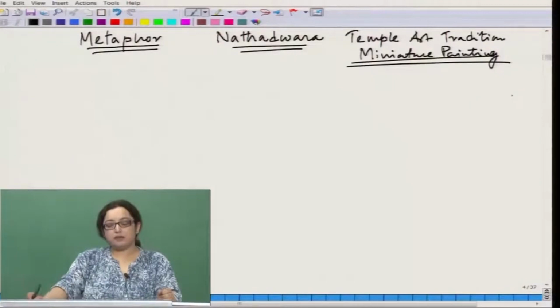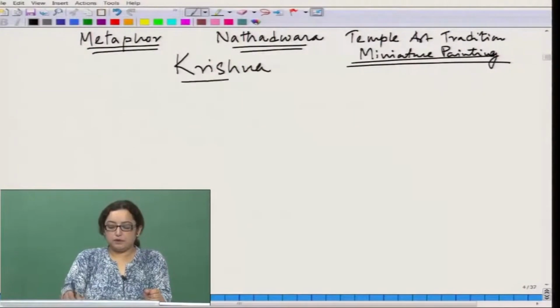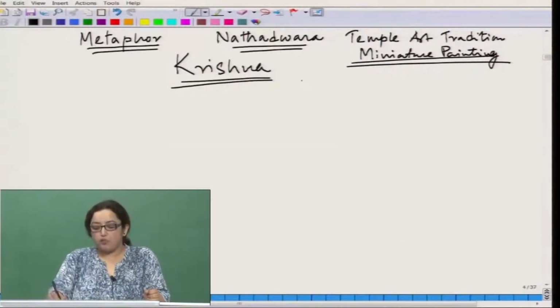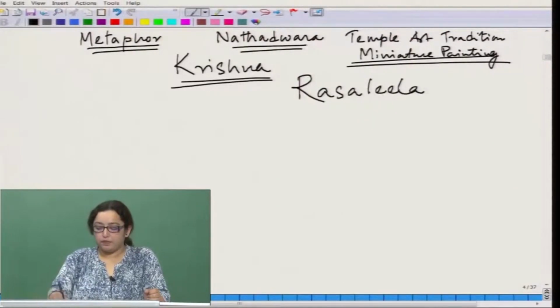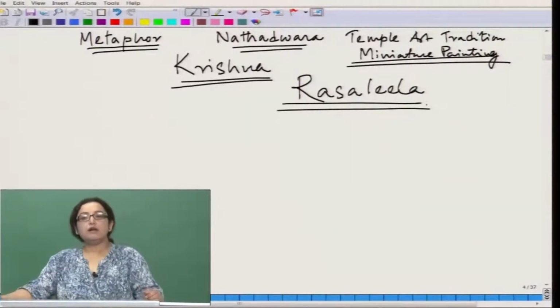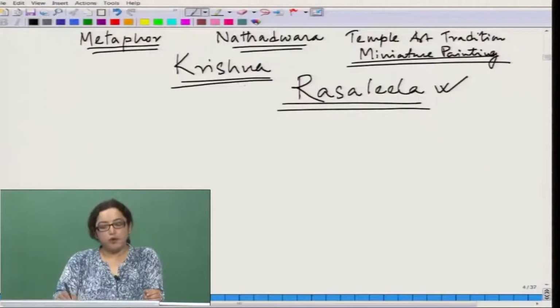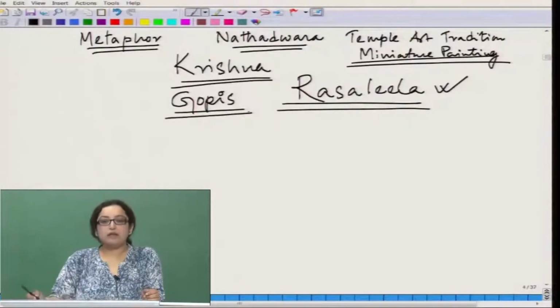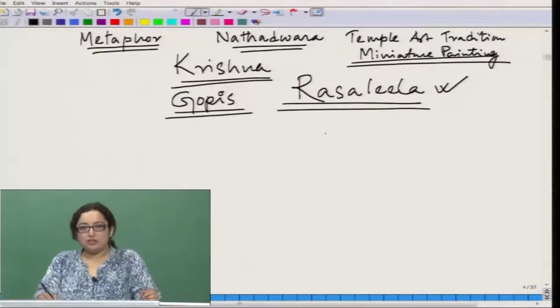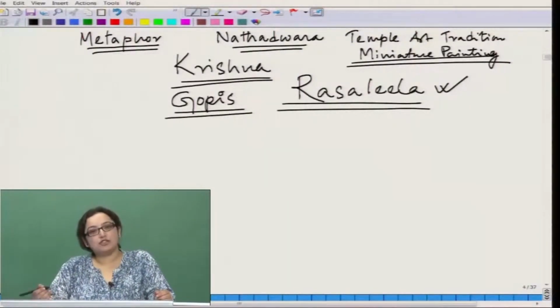So, in Nathadwara miniature painting, we see the character of Krishna in the narrative of a dance performance that is known as Rasa Leela. In the Rasa Leela painting, the paintings on the topic Rasa Leela, Krishna is performing dance with multiple gopis, they are the milkmaids of that region who are the friends of Krishna, and they are willing to participate in dance with Krishna.